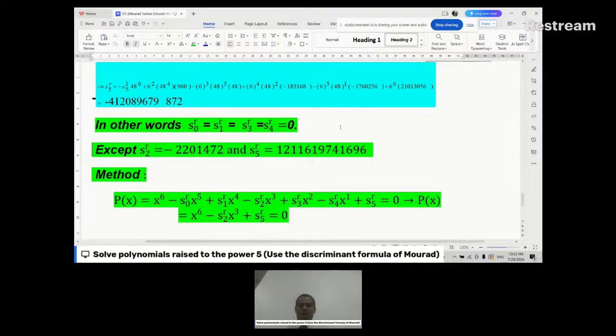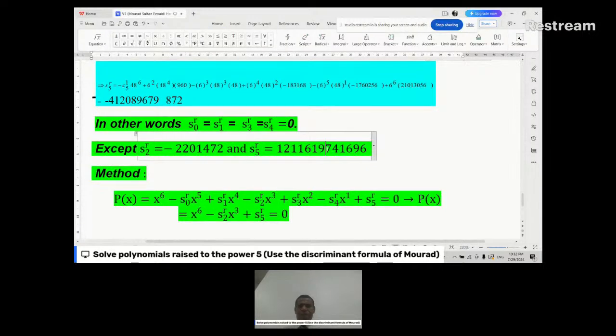And S5, learners, is 1,211,619,741,696. We'll just use the first method. Now we reach the blocks of bridges.